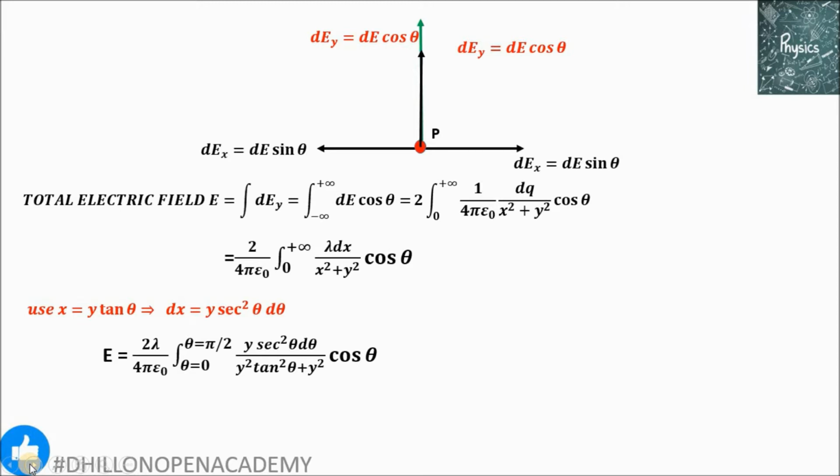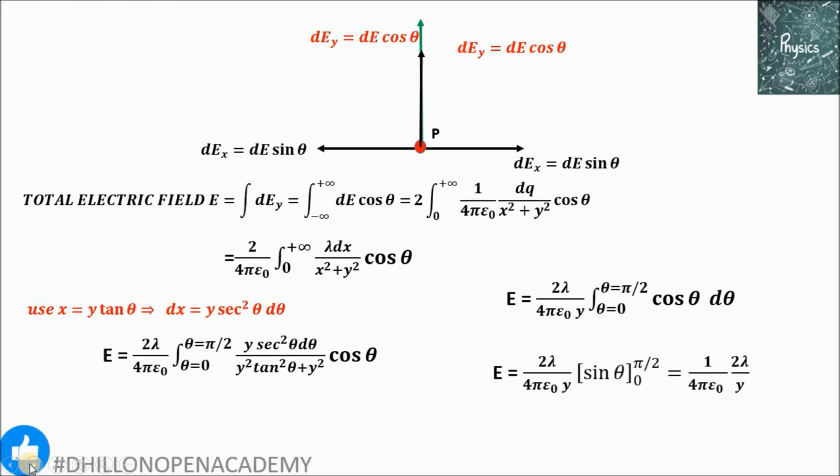In the denominator we can take y square common. In the numerator 1 y is there, in the denominator y square is there. After cancelling we will be left with y in the denominator, and 1 plus tan square theta is secant square theta. So secant square theta will be cancelled and we will be left with only the integral of cos theta d theta, which after solution gives 1 over 4 pi epsilon naught, 2 lambda over y.